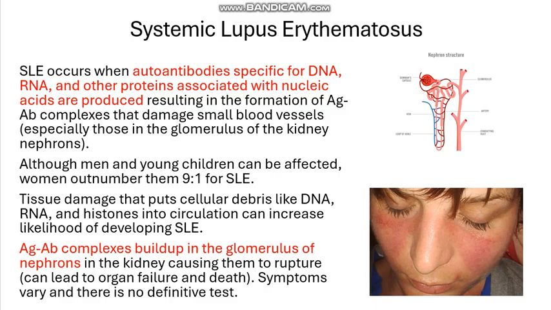Although men and young children can be affected by lupus, women outnumber them 9-1. So the main people that actually develop lupus are women, the vast majority.